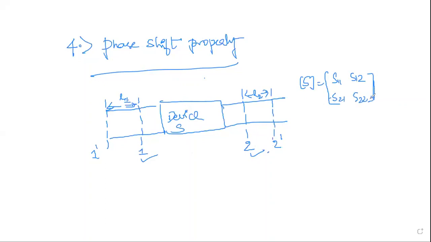Now, if the reference planes 1 and 2 are shifted outwards, because you can see 1 is shifted outwards and 2 is also shifted outwards, you're shifting reference planes 1 and 2 outwards by an electrical phase shift.